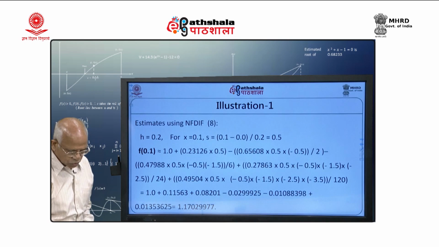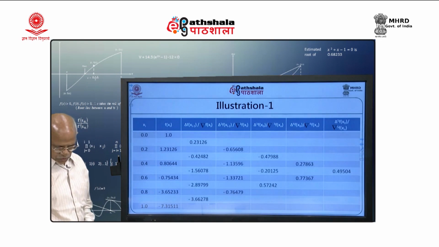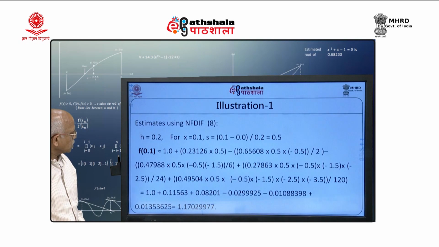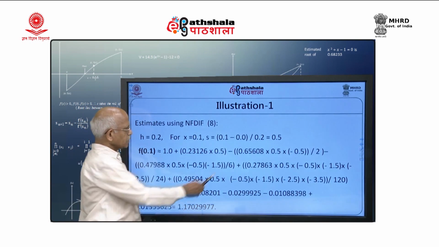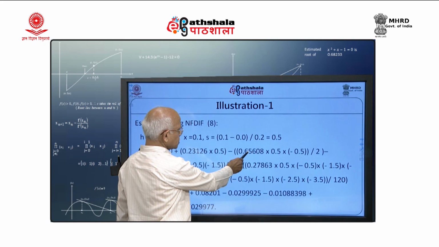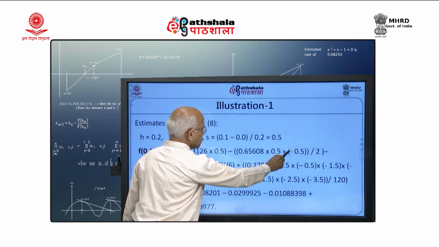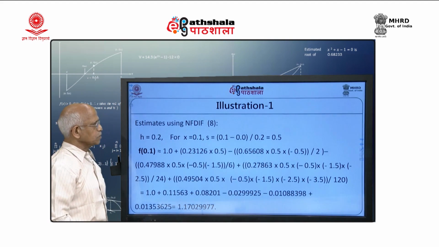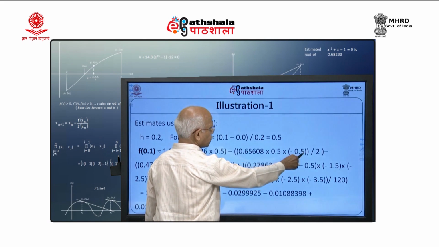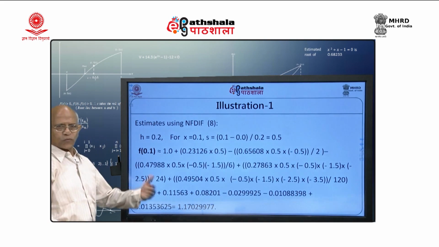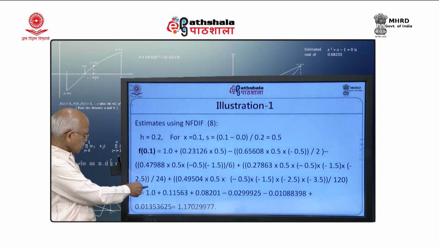So, if you look at this value, we are using the first difference here into s, then the second order difference into 0.5, and 1 minus 0.5 is minus 0.5, so 0.5 into minus 0.5, divided by 2 factorial, and that is how we can compute the remaining terms.